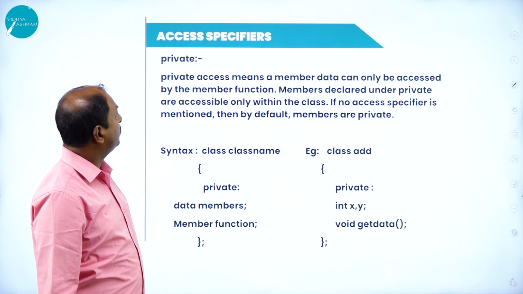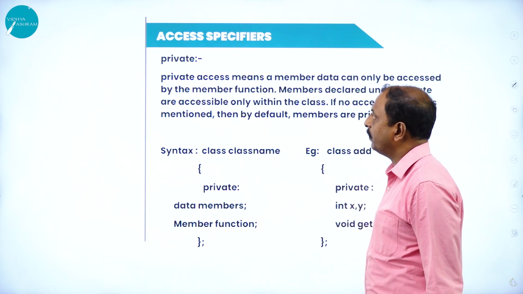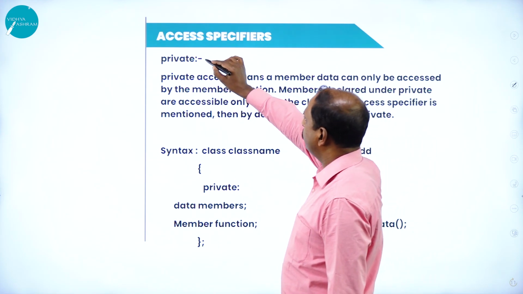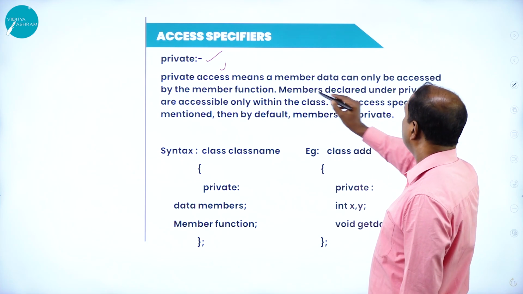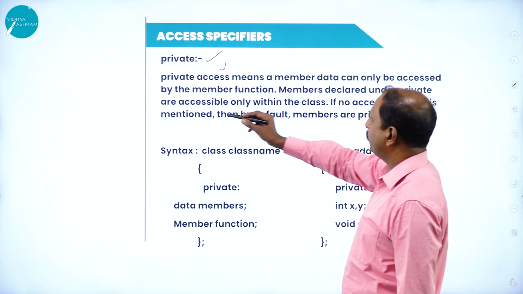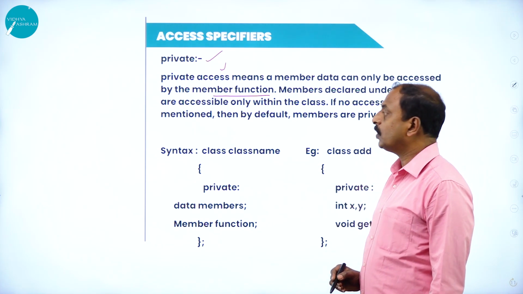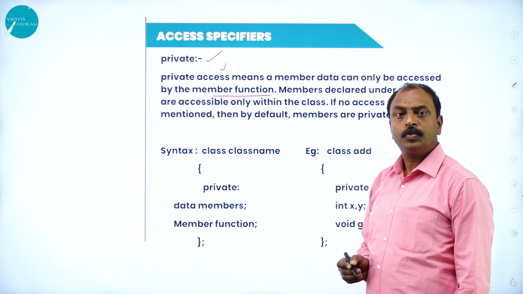Now in the next slide, we will see the definition of all three access specifiers one by one. Let us see what the private access specifier is. The private access specifier means the member data can only be accessed by the member function. This is a type of security, as I mentioned in the features of the OOPS concept.